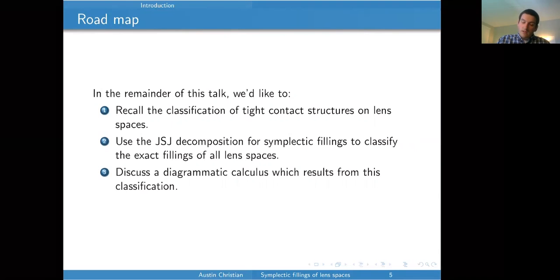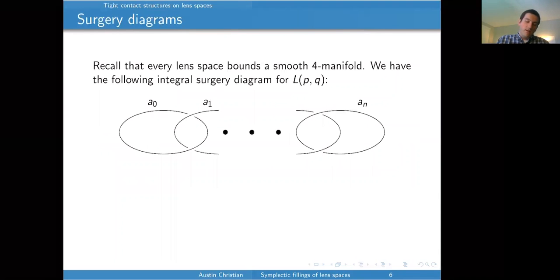All right, so let's start with some history from like 20 years ago. Classification of tight contact structures on Lens spaces. So to start, recall that every Lens space naturally bounds a smooth four-manifold. Here's your proof: we can just attach two-handles along this simple link of unknots with the given framings.